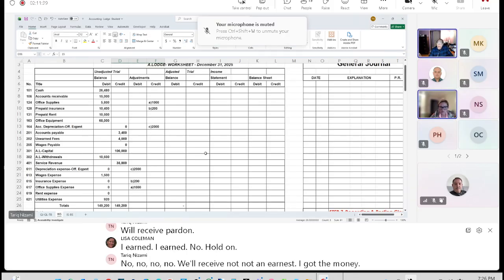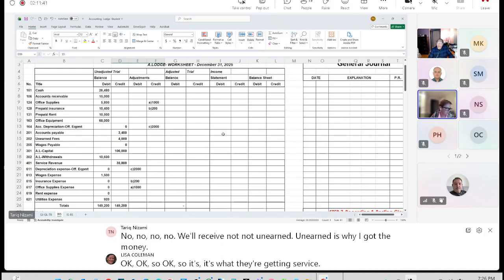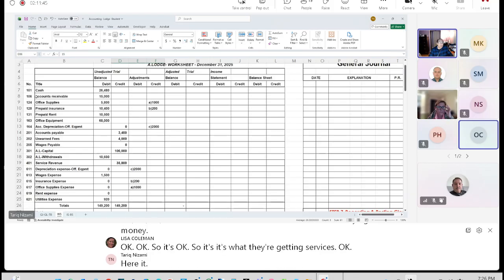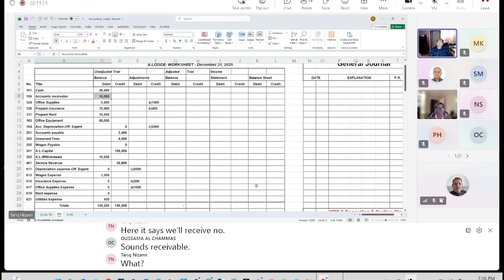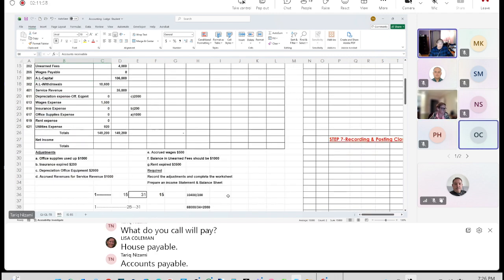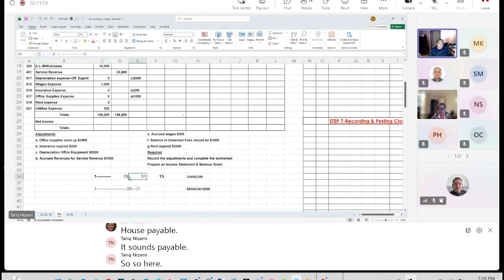Will receive is accounts receivable. What do you call will pay? Accounts payable. Yes. So here on the 31st, I did the work and I will receive the money later on.